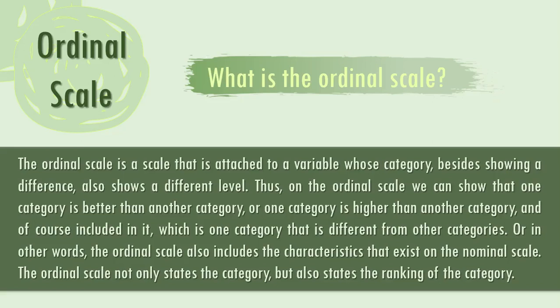Or in other words, the ordinal scale also includes the characteristics of the nominal scale. The ordinal scale not only states the category, but also states the ranking of the category.